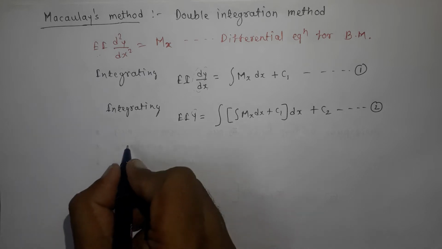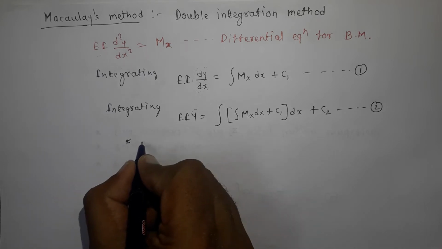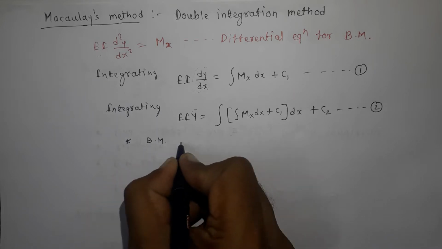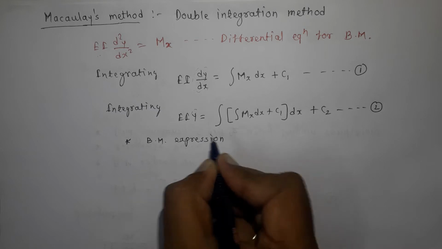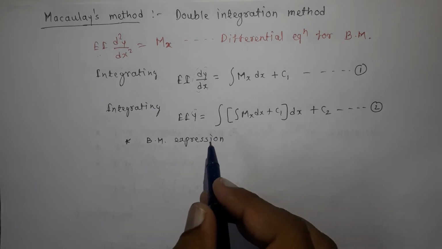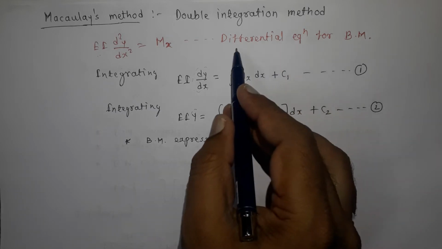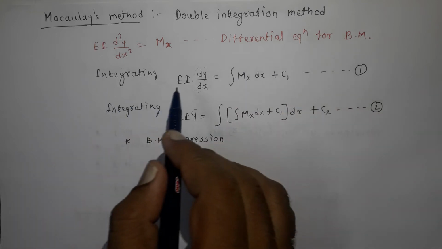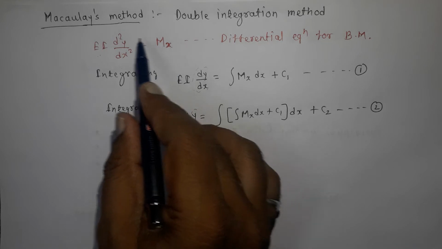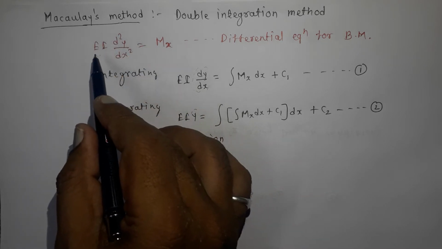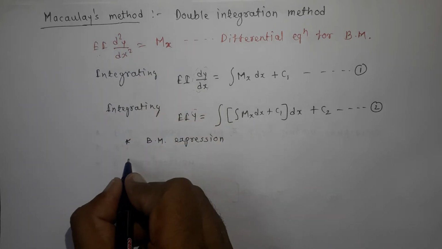So the procedure has 3 steps in it. First, write down the bending moment expression, the BM expression. Once we get the bending moment expression for the given beam, then we can write the differential equation for bending moment, because this bending moment expression is to be written on the right hand side, with the left hand side being EI into d2y by dx square.